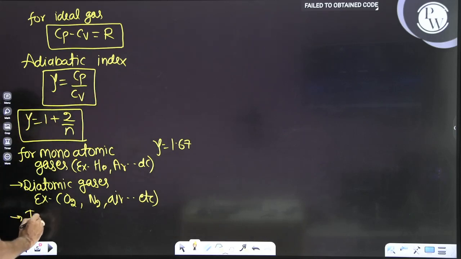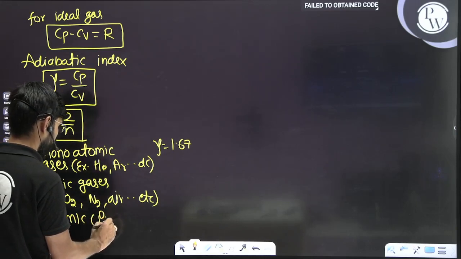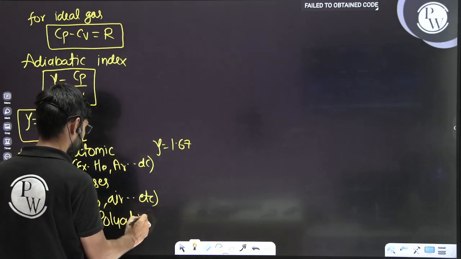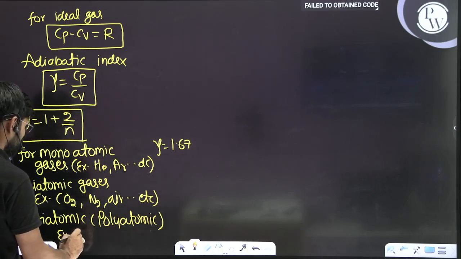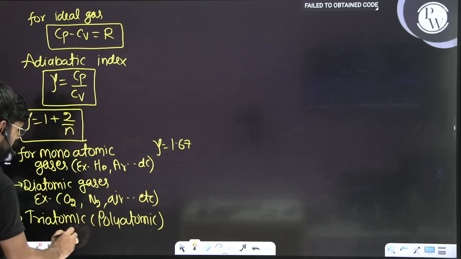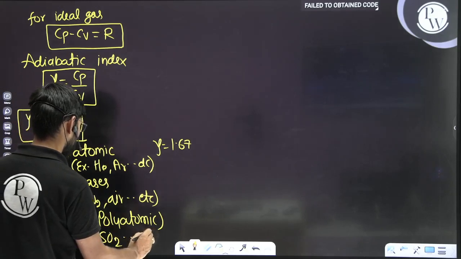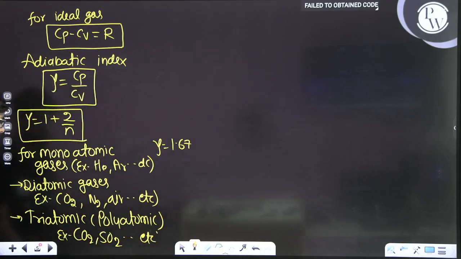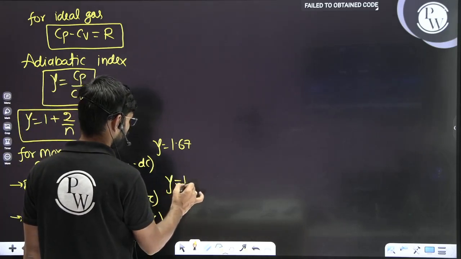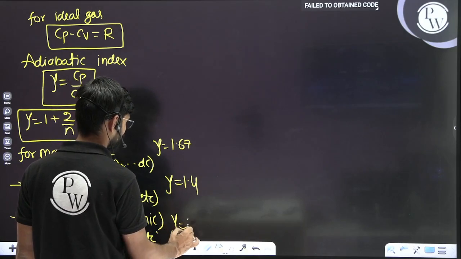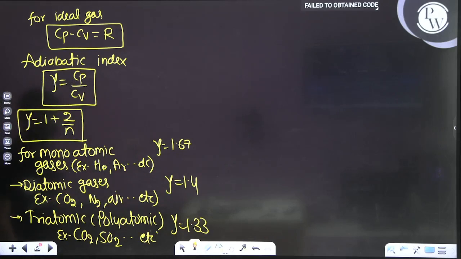Then another one is triatomic or polyatomic gases, for example CO2, SO2, N2O, etc. For diatomic, gamma is equal to 1.4, and for triatomic, gamma is equal to 1.33. So these are the values of gamma for different gases.